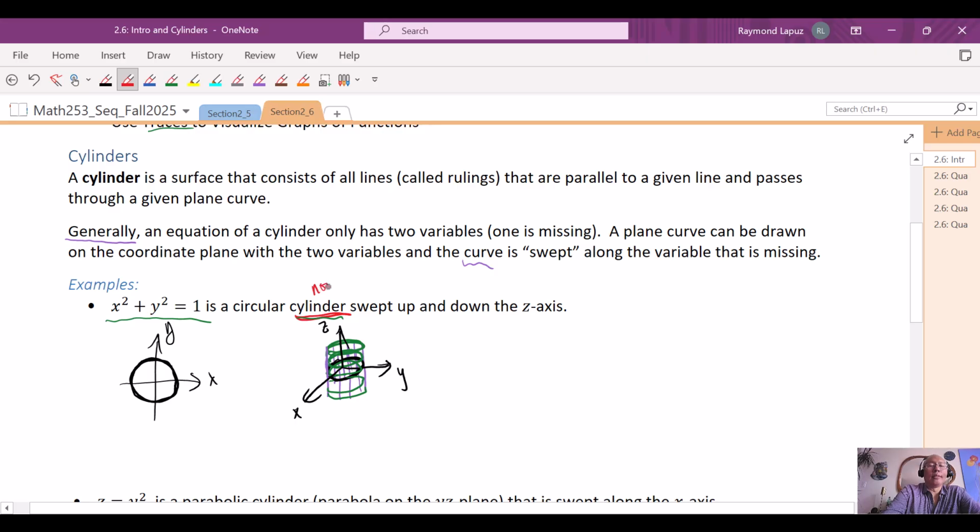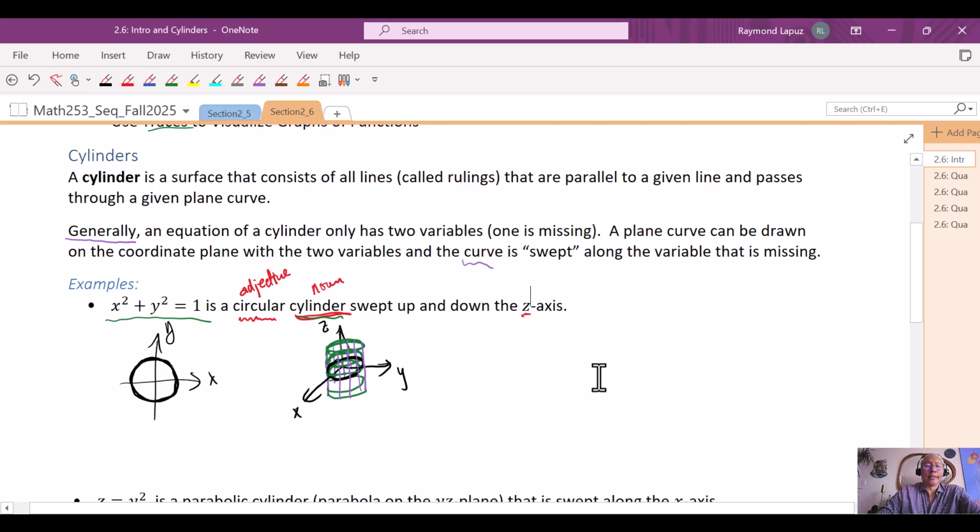We have a noun, and then we're going to use an adjective to describe what the trace is that's going to go along the rulings. So the trace is a circle, and that's going to get swept up and down the missing variable axis, and so that's going to be the adjective.